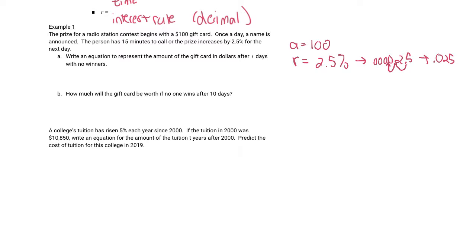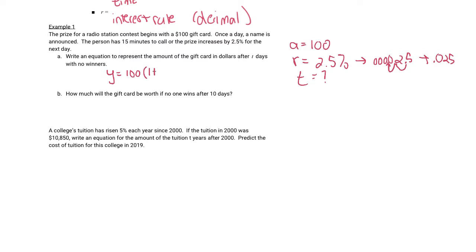Write an equation to represent the amount of the gift card in dollars after T days. Well, T is what we don't know. So we're just going to write an equation, and T is going to stay T. Here we go. Y is what we don't know, the final amount. A is 100. R is 0.025.